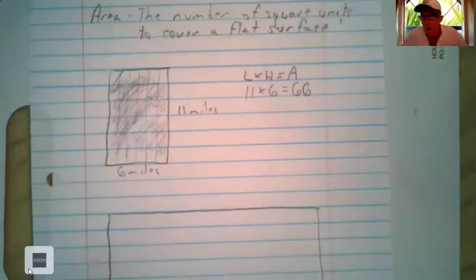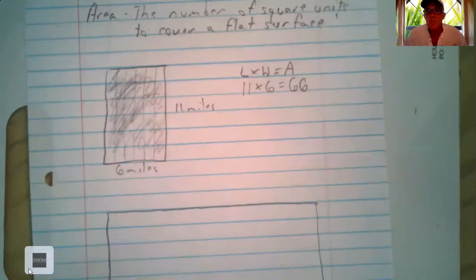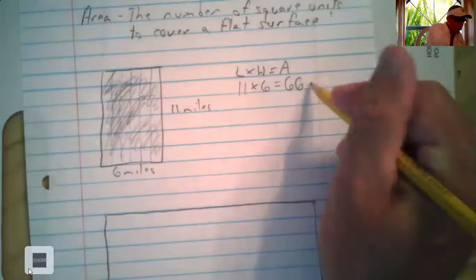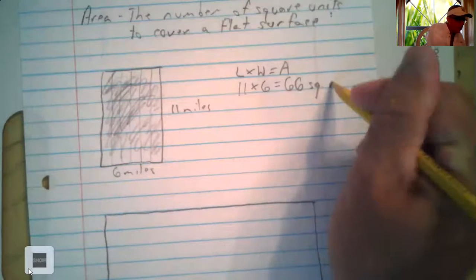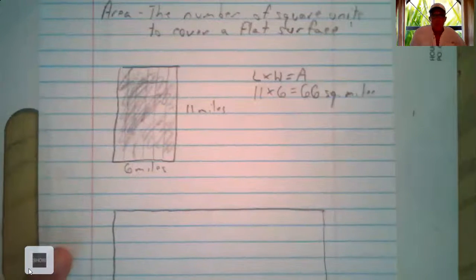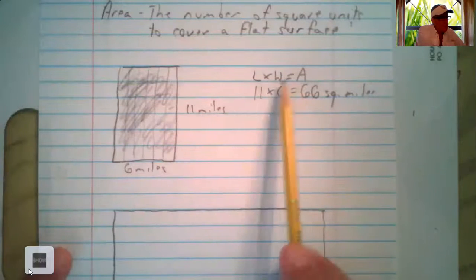No! 66 square miles, the number of squares inside our water park. So the area is 66 square miles, sticking with our formula, length times width equals area.